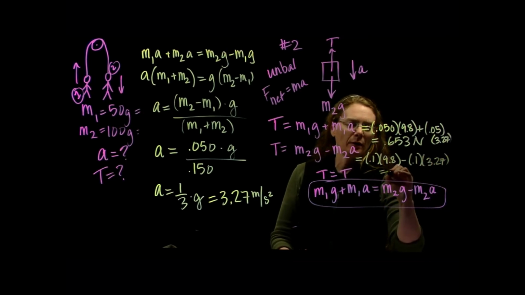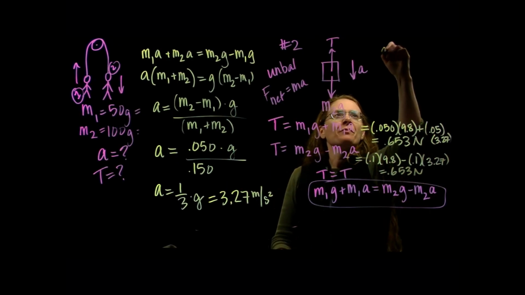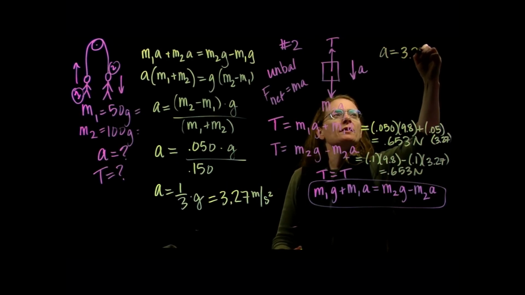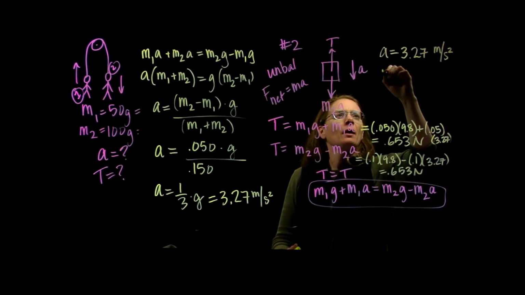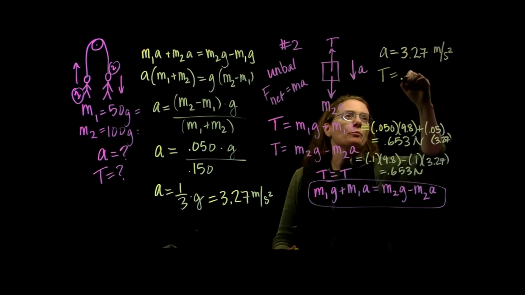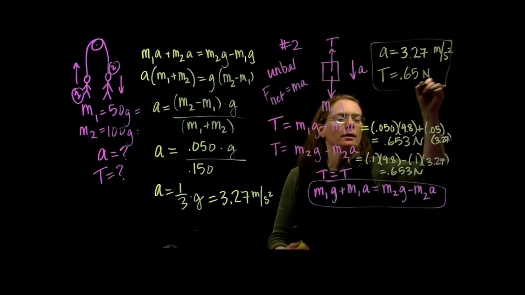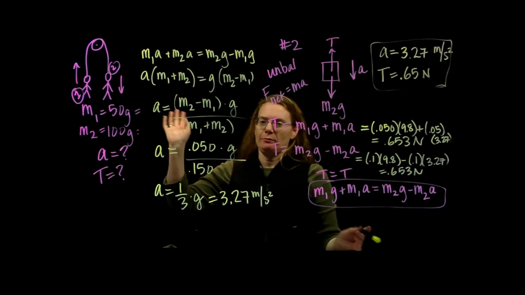If we do that, we get 0.653 newtons. Ta-da! Okay, so here we have an acceleration of 3.27, 3.3 meters per second squared, and we have a tension of 0.65 newtons. So we've answered the question. That's our answer. Not a very big tension, but 50 grams and 100 grams, I'm not going to worry about that.